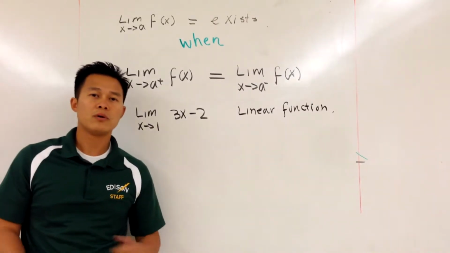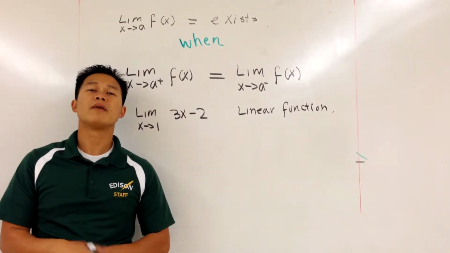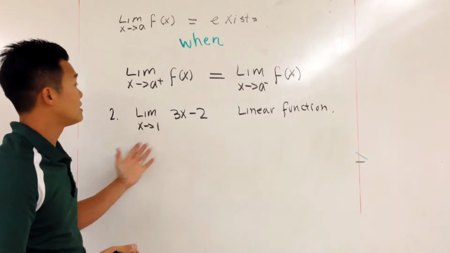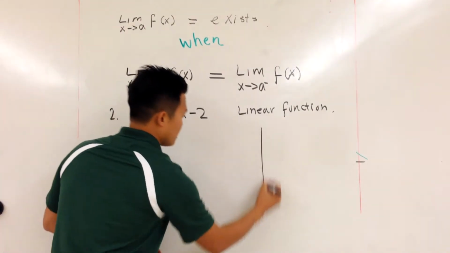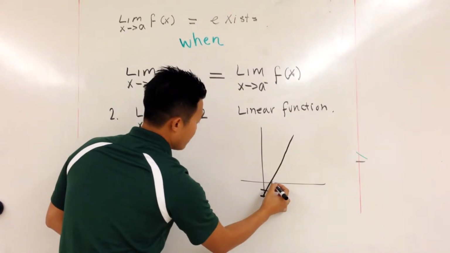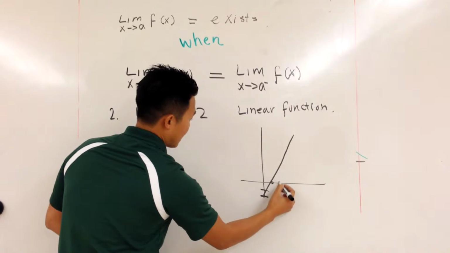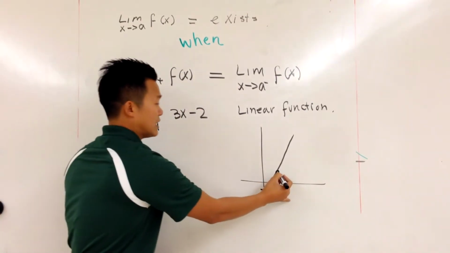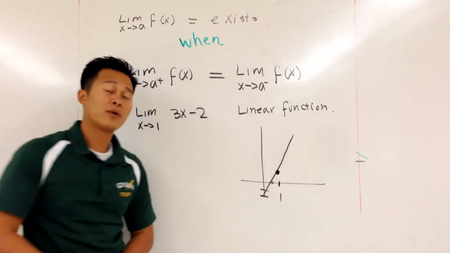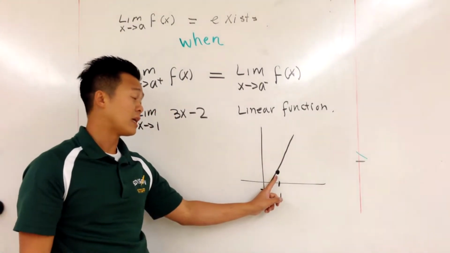In example 2, we look at the limit of a linear function, or a power function. This is the graph of a line, and we want to know, what is the limit as x gets close to 1? This is a continuous function. When a function is continuous, the limit will exist, and you can see it graphically.